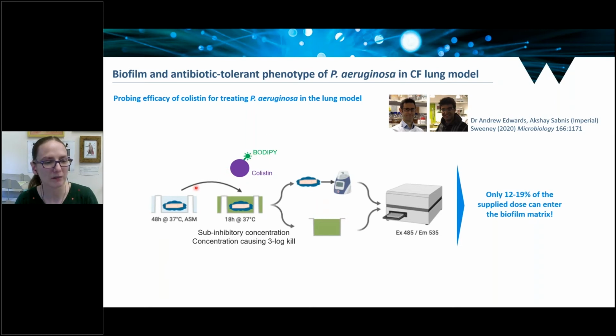So we could grow our biofilms around the lung tissue, expose them to the fluorescently tagged colistin, wait some time, then remove the piece of tissue with the biofilm around it, homogenize that, measure how much of the fluorescent signal was in it, and then take also some of the synthetic CF mucus that was around the tissue, measure the fluorescence in that, and work out what percentage of the drug that we'd given had actually entered the biofilm matrix. And we found actually that only a maximum of about 19% of the supplied dose could even enter the biofilm matrix. So this reduced penetration is probably a big factor in why colistin is not very effective in that model.